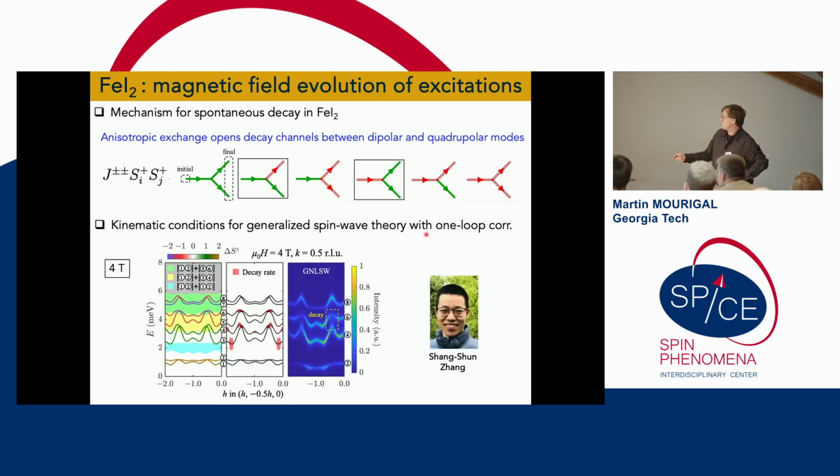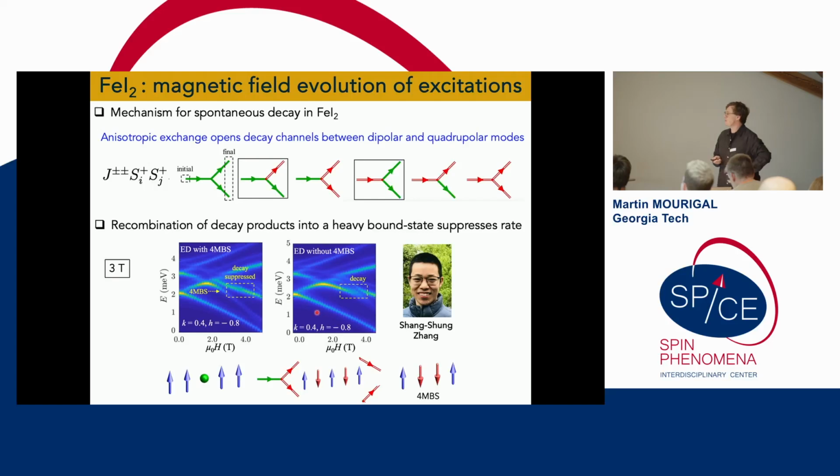And so Shang-Shun Zhang calculated all of this. It's relatively complicated because you have many different bands and sublattices and so on. But there are some regions of strong decay that are predicted here, and this is in the data also where we find the decay. So it is very clear that this is what is going on in this system. Okay?